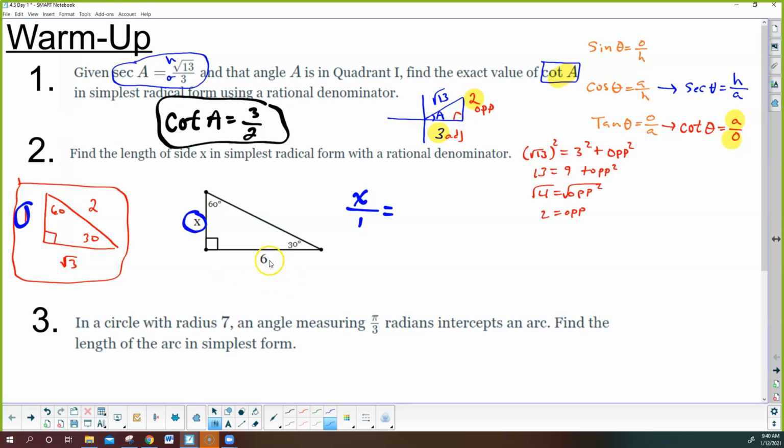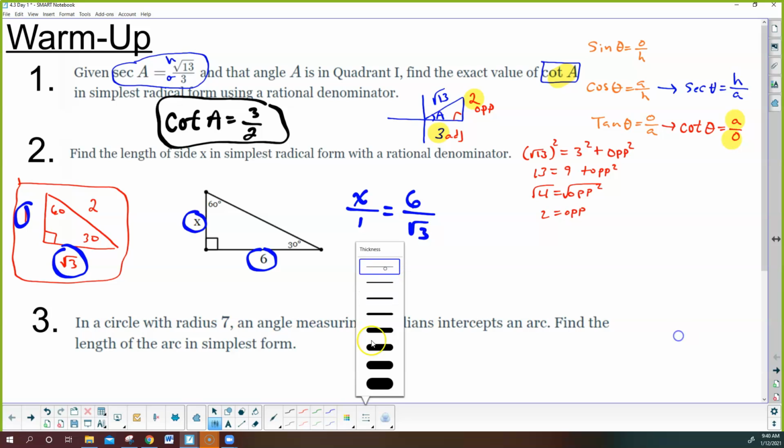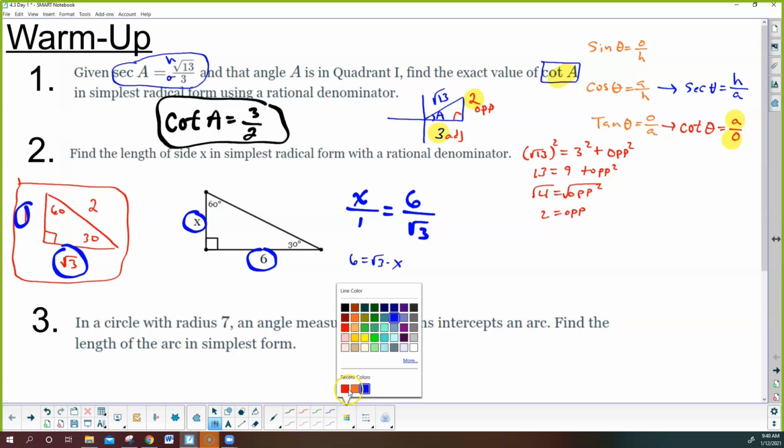has to equal the ratio of 6, which is across from the 60, and square root of 3, which is across from the 60. And then it's just a quick cross multiply. 6 times 1 is 6 equals square root of 3 times x. And then we just have to get x by itself.